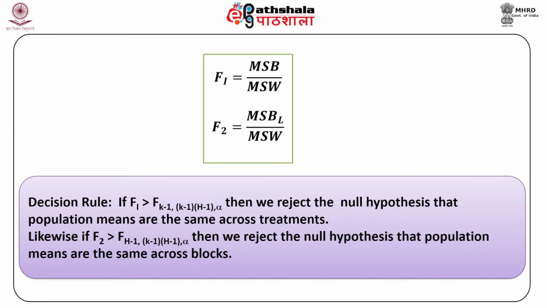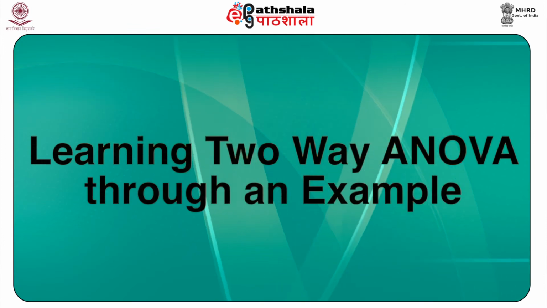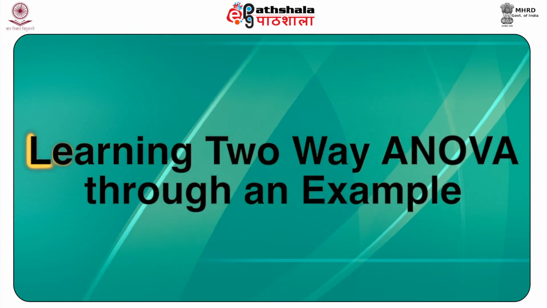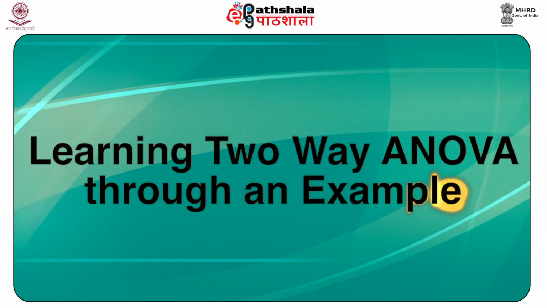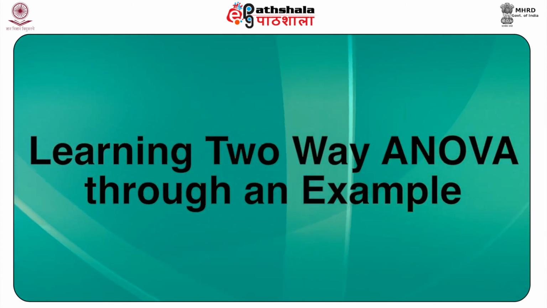Similarly, if F2 is greater than F with h minus 1 and k minus 1 into h minus 1 degrees of freedom at alpha, then we reject the null hypothesis that population means are the same across blocks. Let's do this learning of two-way ANOVA through an example once again so that we have clarity on how we ultimately use a two-way ANOVA in the real world.